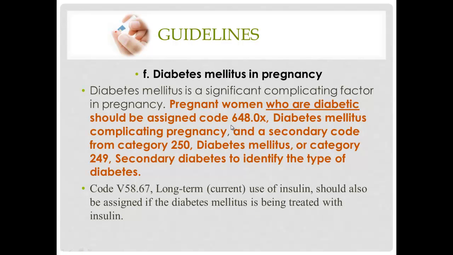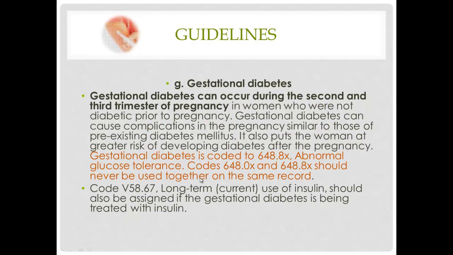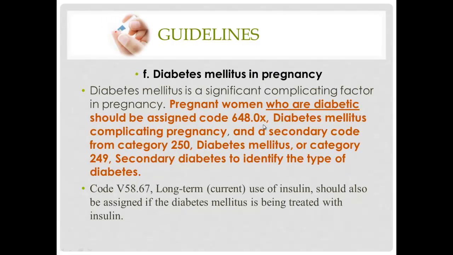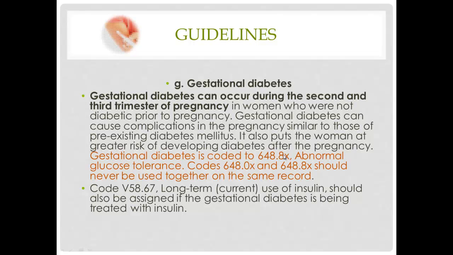Remember, 648.0 indicates she was diabetic prior to pregnancy, while 648.8 indicates that this was an abnormal glucose tolerance during her pregnancy. So again, we cannot code these together. But if the patient is on insulin, you can use the V58.67.